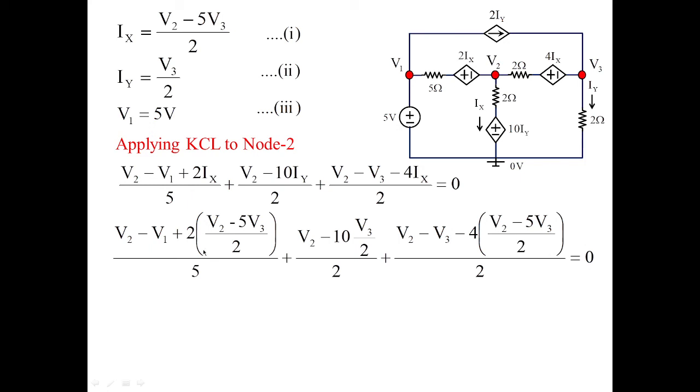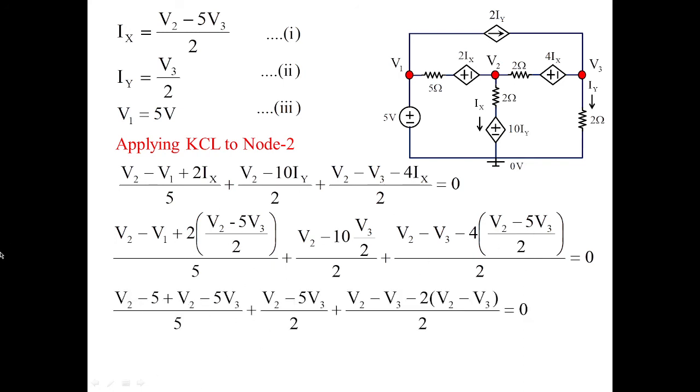Please observe carefully how the equation is framed. Ix is substituted here, Iy is substituted here, again Ix is repeated here. So we have substituted all these values and we have recreated our node equation 2. Fortunately, we got the values to be 2V2 by 5 plus V3 is equal to 1. Simplification will give you an equation 4.